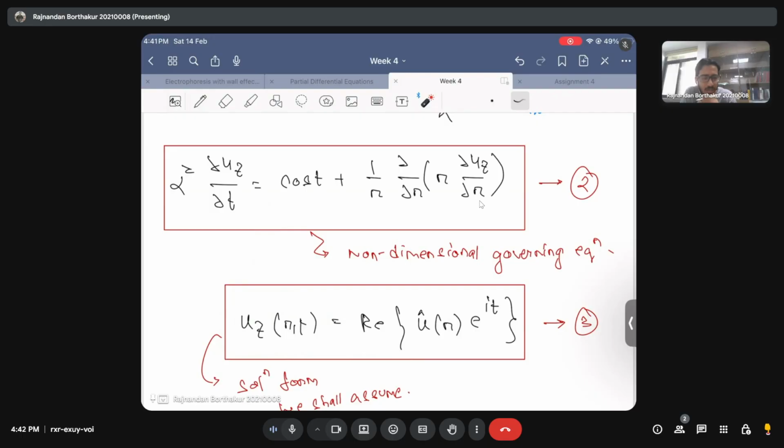But at least you got the idea why we try to non-dimensionalize things, which I would say makes the analysis more rigorous and at the same time more generic.